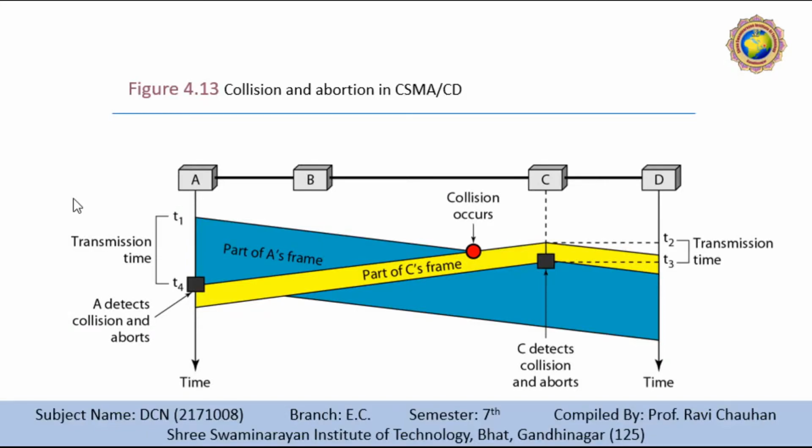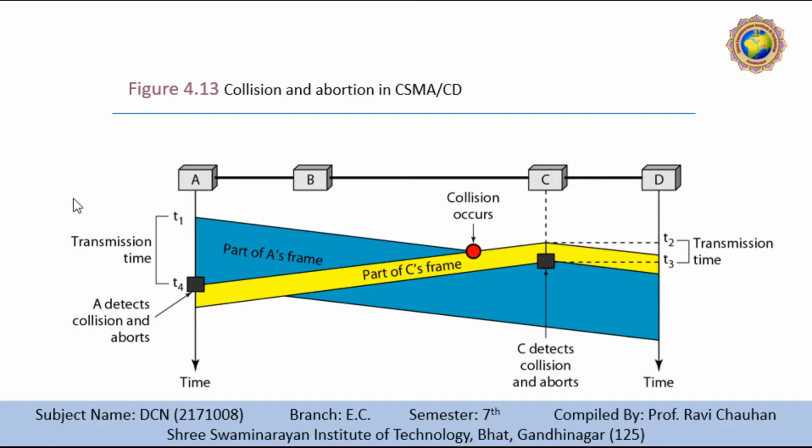This is so because once the entire frame is sent, the station does not keep a copy of the frame and does not monitor the line for collision detection. Therefore, our frame transmission time TFR must be at least 2 times the maximum propagation time TP.